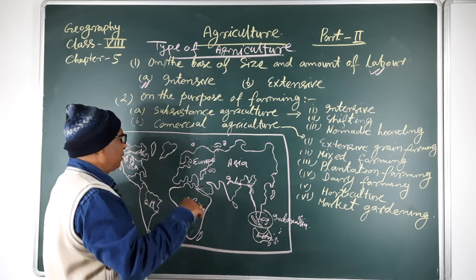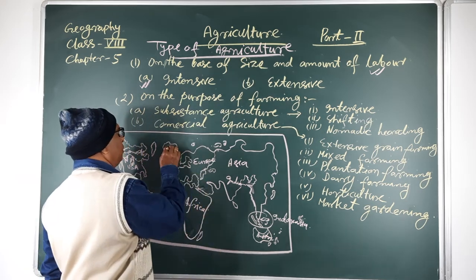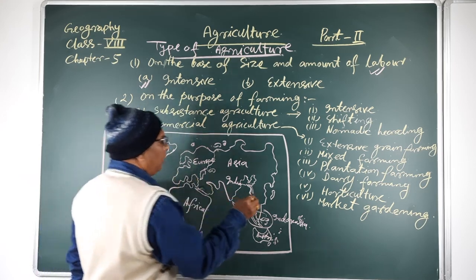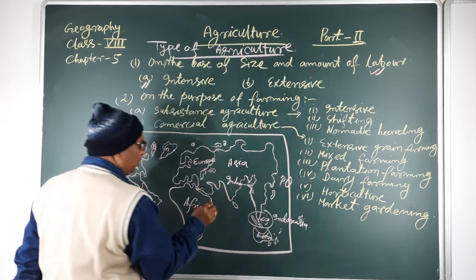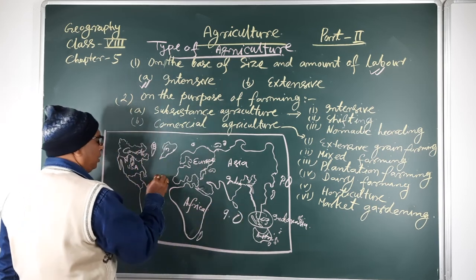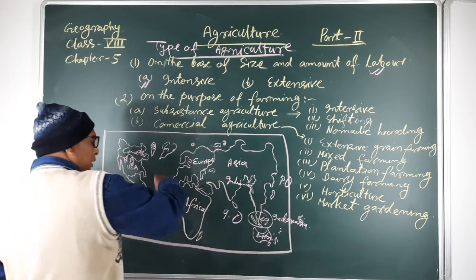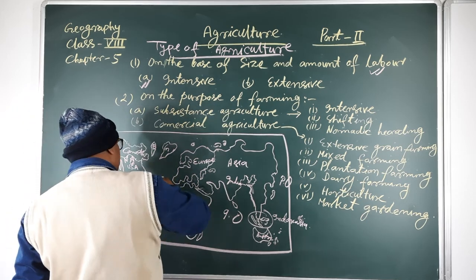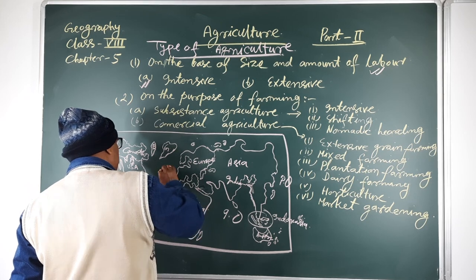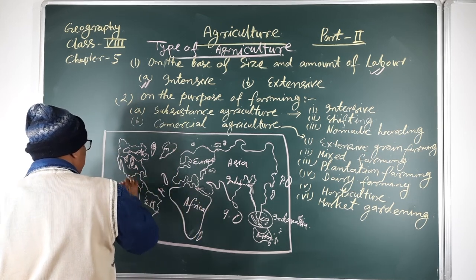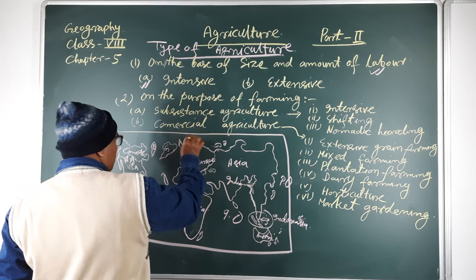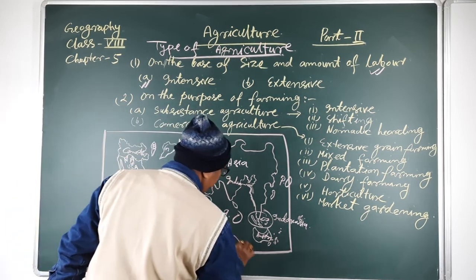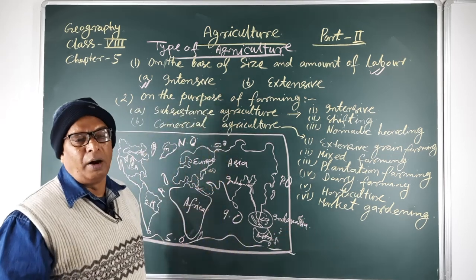So these are many countries, here is also Greenland, and here Finland, here the Pacific Ocean, Indian Ocean, and the Atlantic Ocean. Here is also the Pacific Ocean, Northern Ocean, and Southern Ocean, and Antarctica. This is the figure of the world.